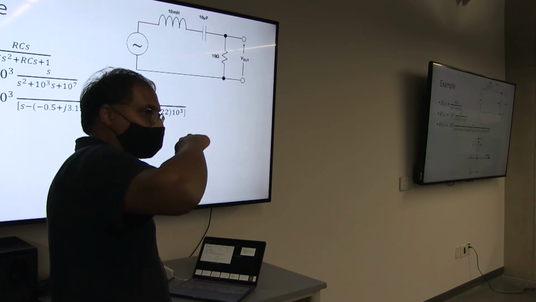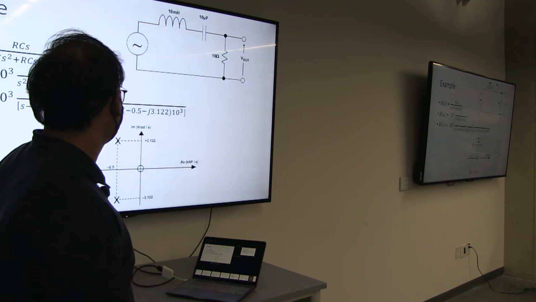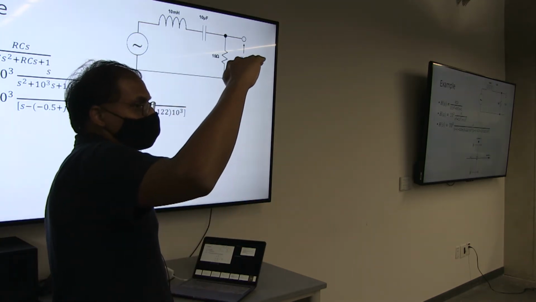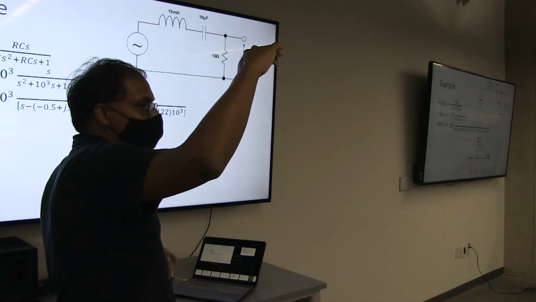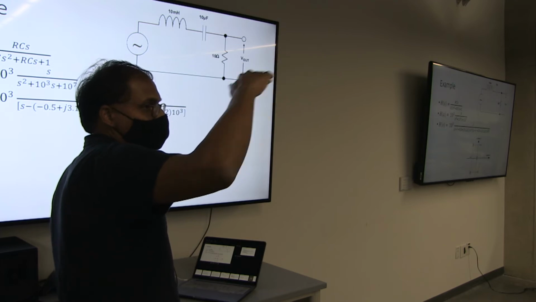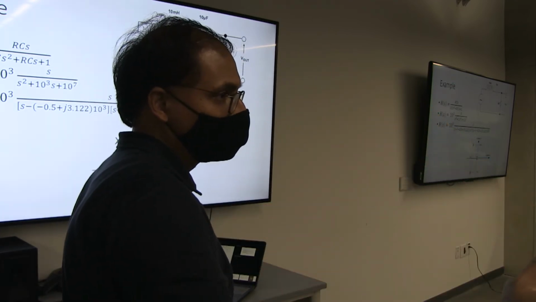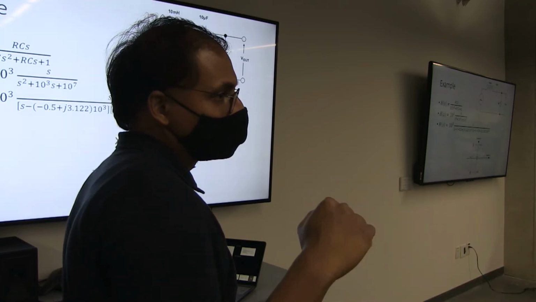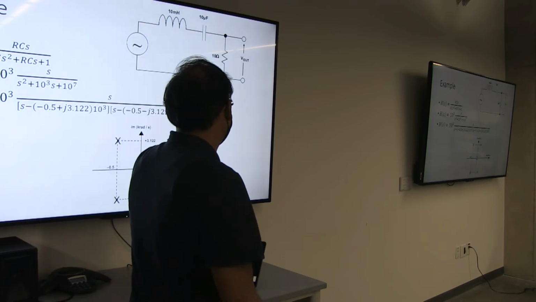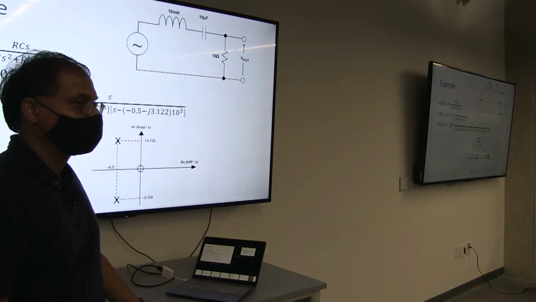So it is rising from origin at 20 dB per decade, and then we found these two poles at these locations. At one location it will plateau, and at the other location it will start falling at 20 dB per decade. So that way we are able to identify that it has a standard band pass filter kind of functionality.